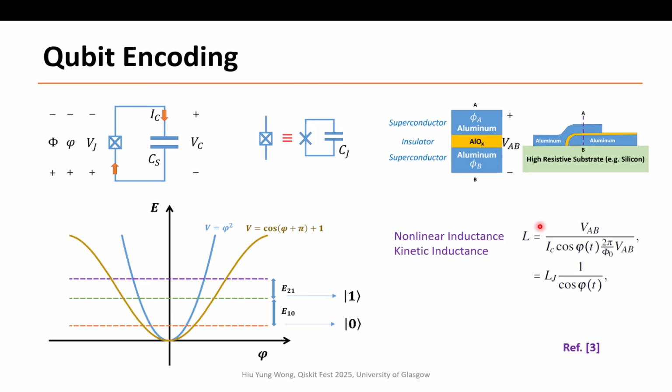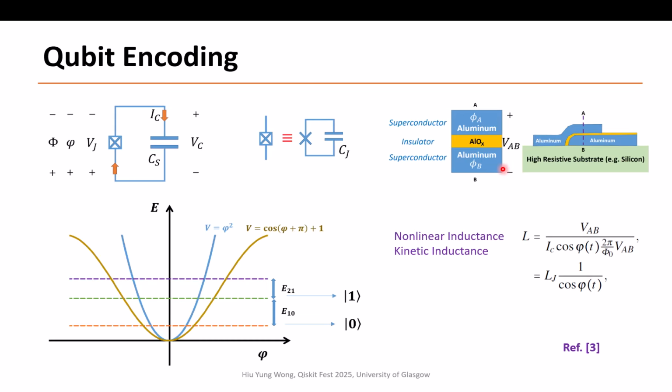If you have learned electrical circuits, you know that usually we have a linear inductor. But this one is non-linear, which depends on something called the phase across these two superconductors. But it doesn't matter. The main point is that it's non-linear.